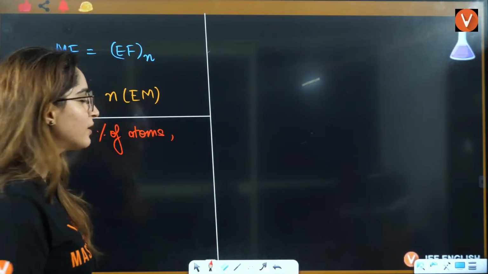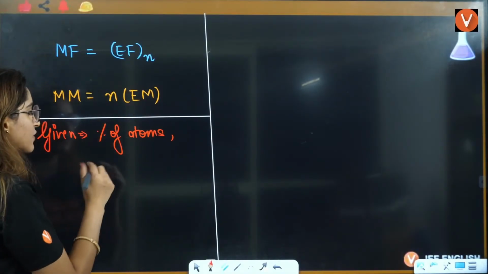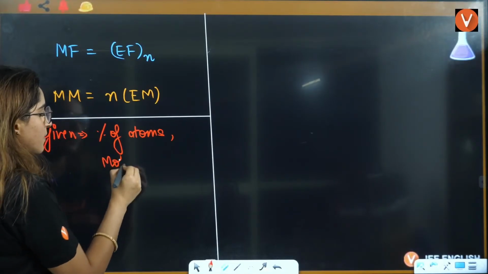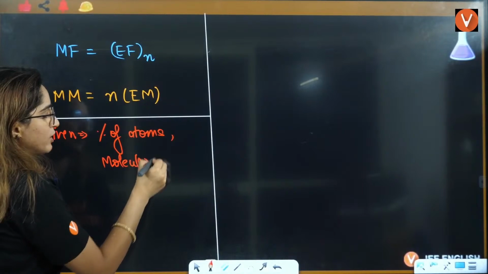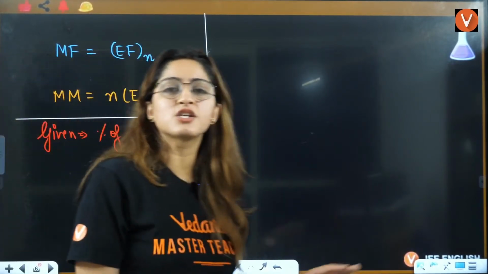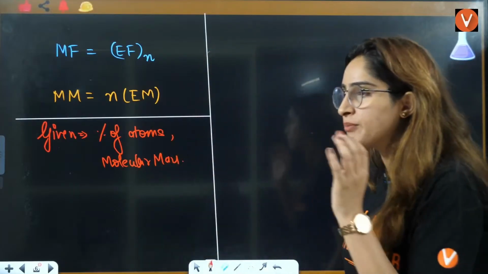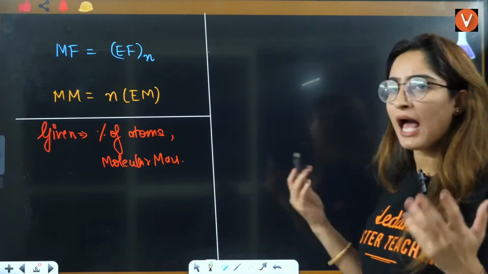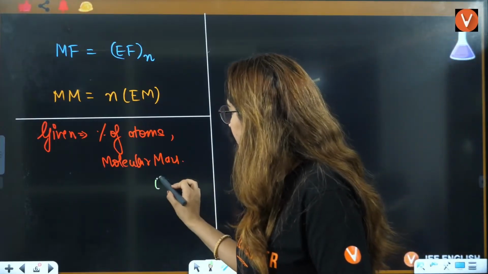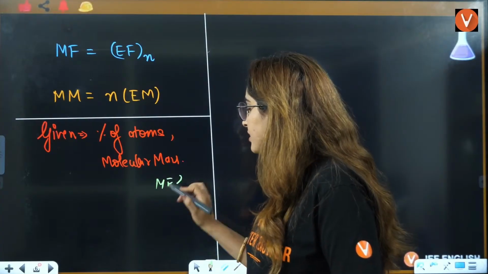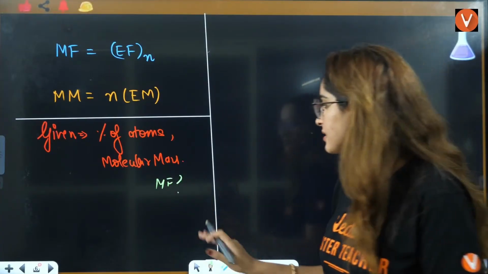They will give you the molecular mass. Percentages of atoms is given, molecular mass is given, and they will ask you to calculate the empirical formula and the molecular formula by just these two things.